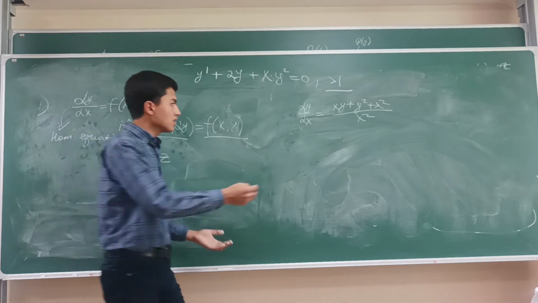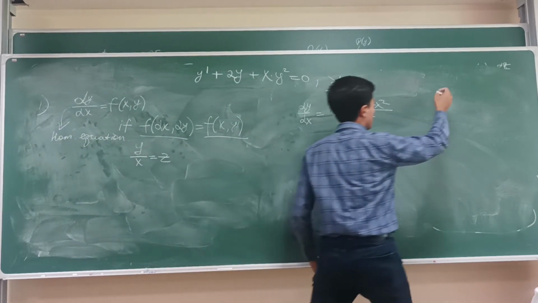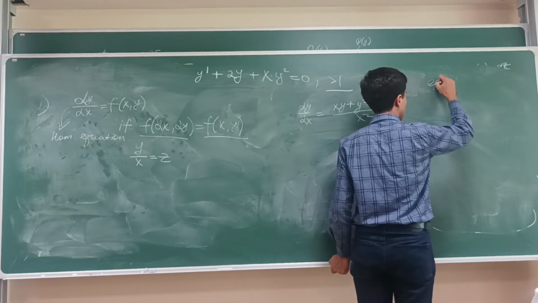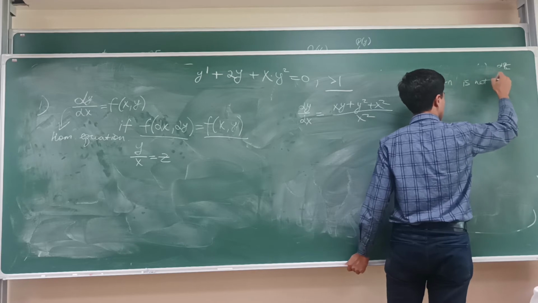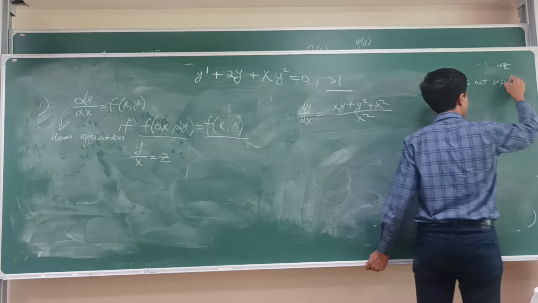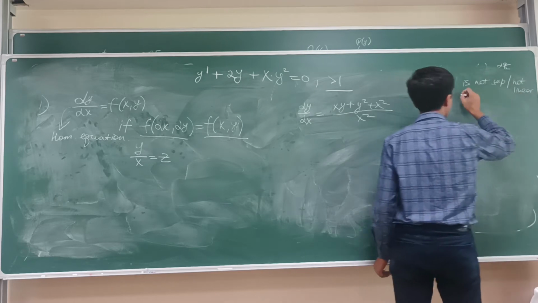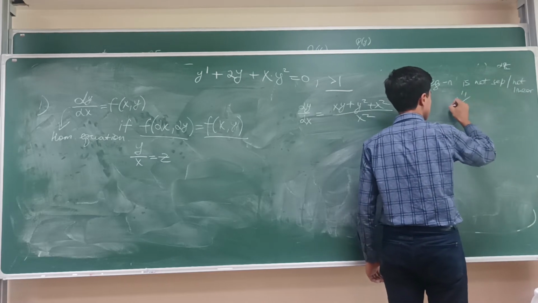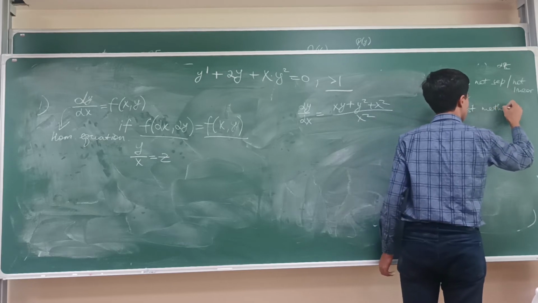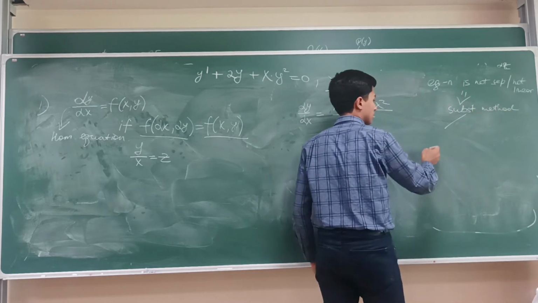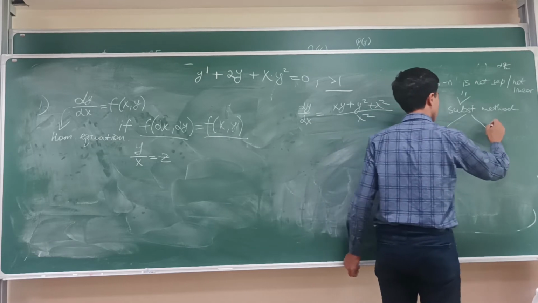So when the equation is not separable and not linear, we are going to apply a substitution method, and as a result we get either a separable equation or a linear equation.